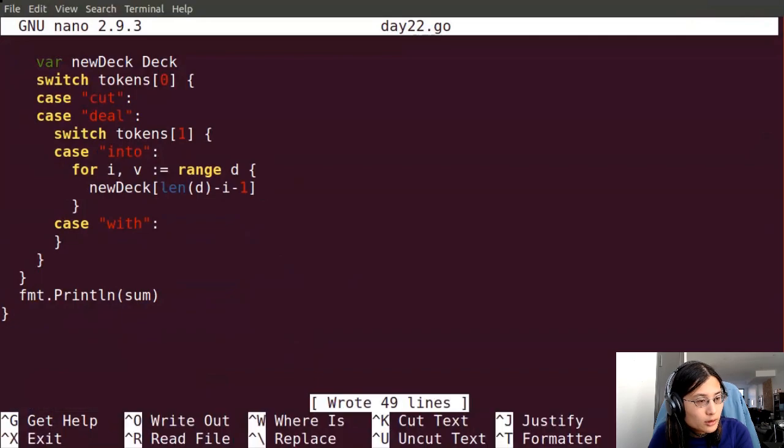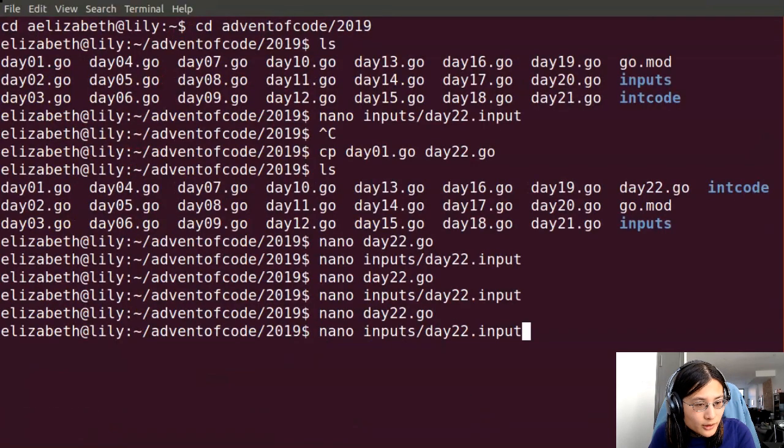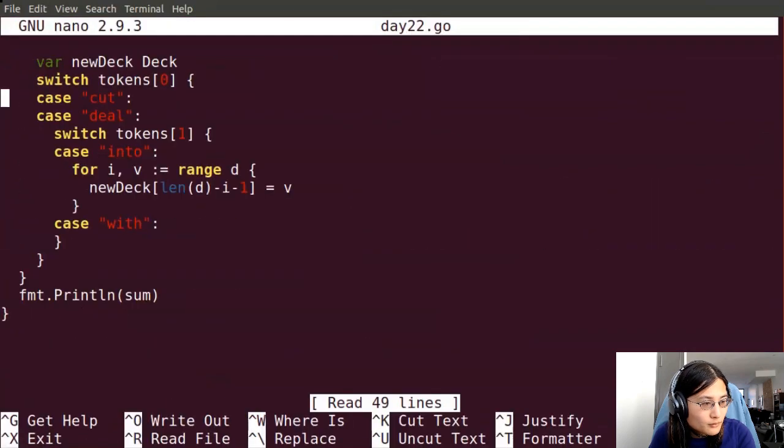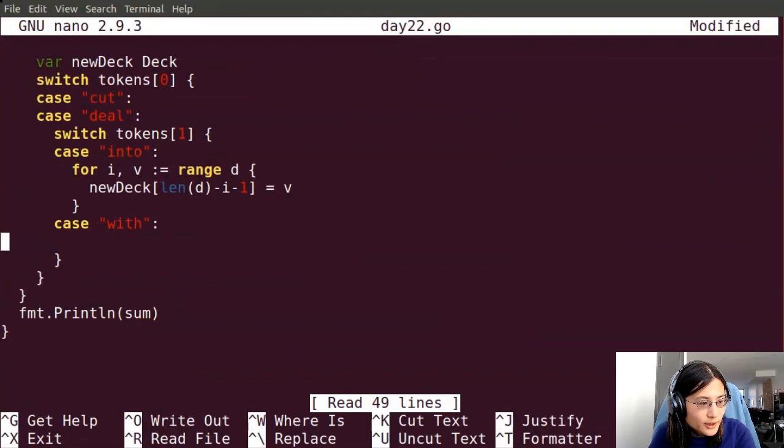That should do it. Now let's look at the deal with case. Deal with increment. Fourth token is what I need.